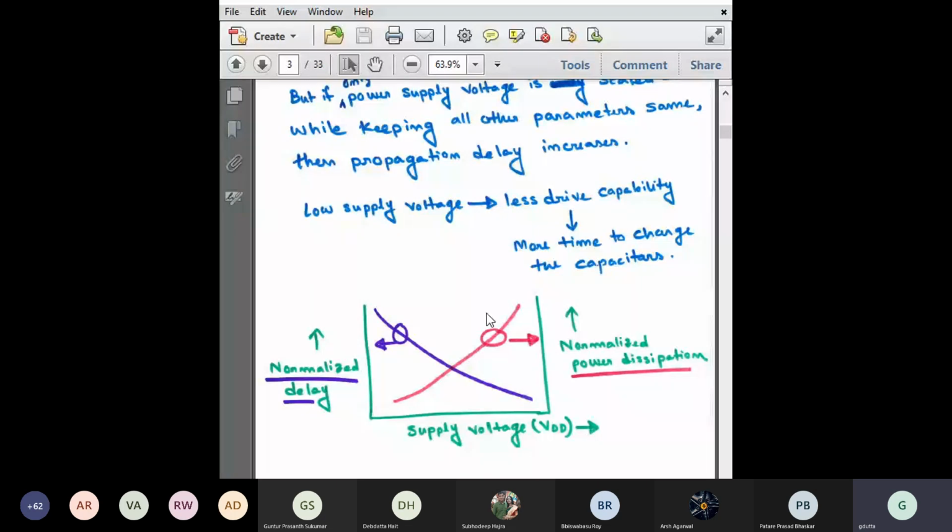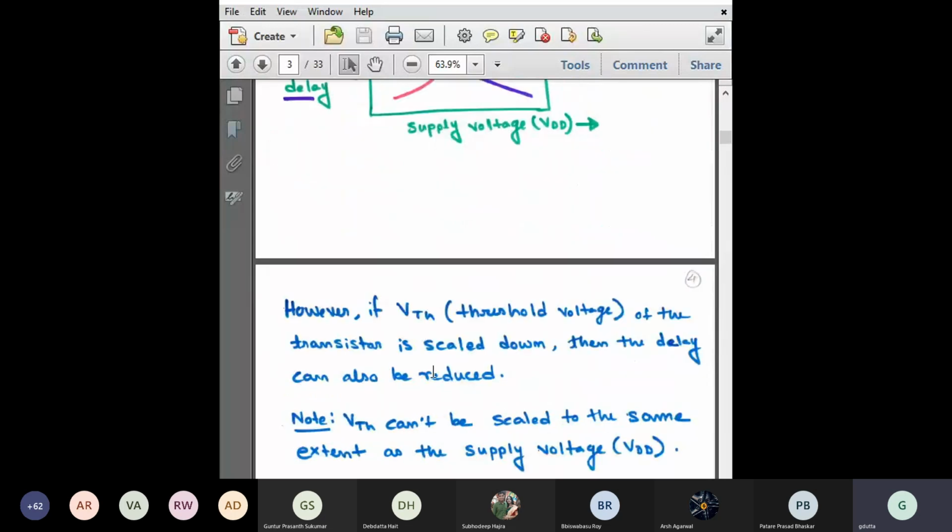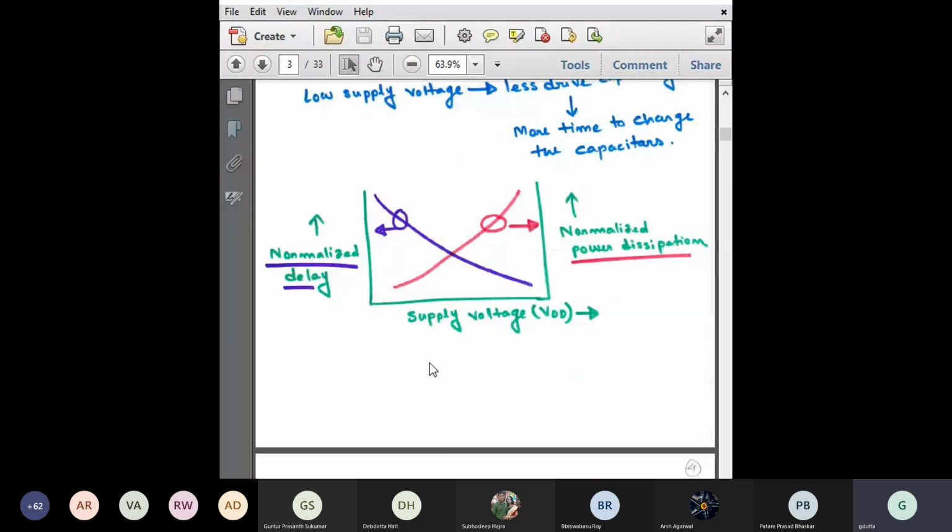So you have to balance between these two. You cannot reduce the power supply so significantly that your device delay becomes that high, right? So what are the other things we can do?